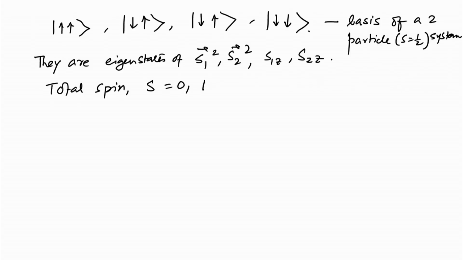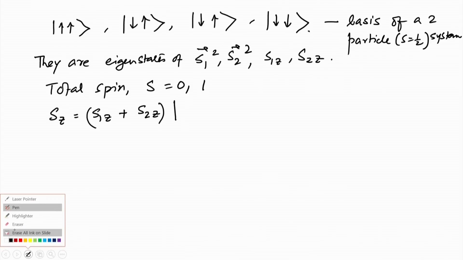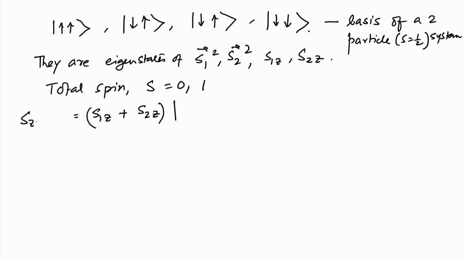Okay. So, now we can see how the total spin operators act on each of these states. The total spin operator Sz is equal to S1z plus S2z. So, Sz acting on the up, up state: S1z will only act on the first spin on the left, and S2z will act on the spin on the right.